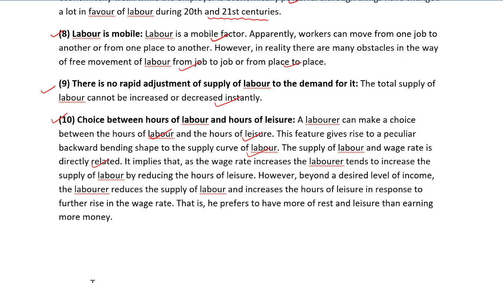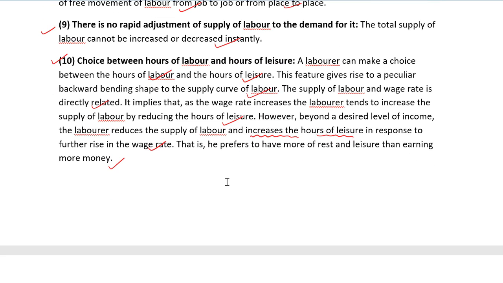As the wage rate increases in the market, the laborer tends to increase the supply of labor by reducing the hours of leisure. However, beyond a certain desired level of income, the laborer wants leisure and doesn't want to do a lot of labor. So the hours of leisure increase in response to a further rise in the wage rate, perhaps to have more rest and leisure than earning money. I believe you understood till here.